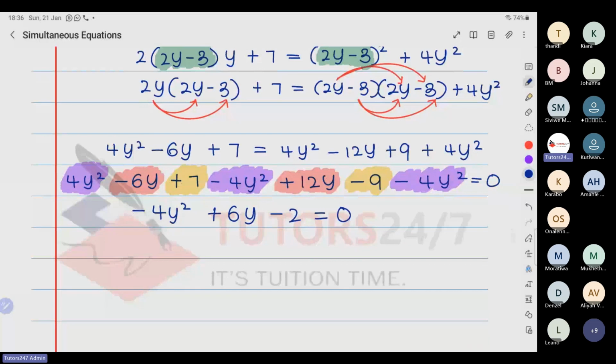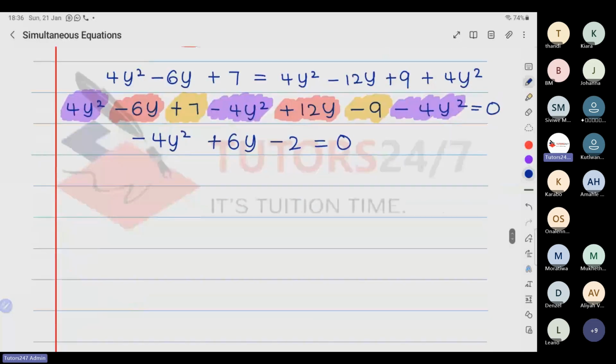From here, now that we've added up all the like terms, you should notice that there's a common factor being 2. In addition to that, you can see that the coefficient of your squared variable is negative. So you can even factor out a negative sign. Or you can divide everything by -2. I'm going to divide everything by -2.